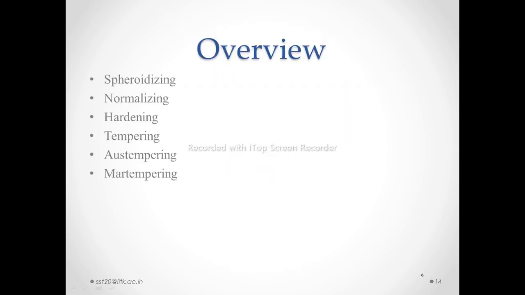So today's topic overview is that part 2 includes these many topics. These are the different types of heat treatment process: spheroidization, normalization, hardening, tempering, austempering and martempering.